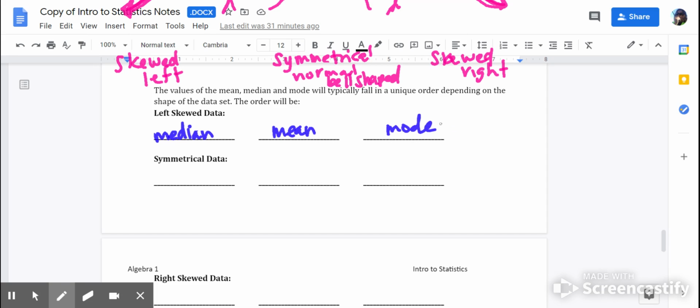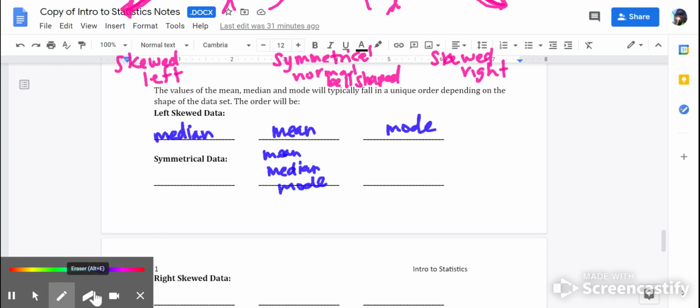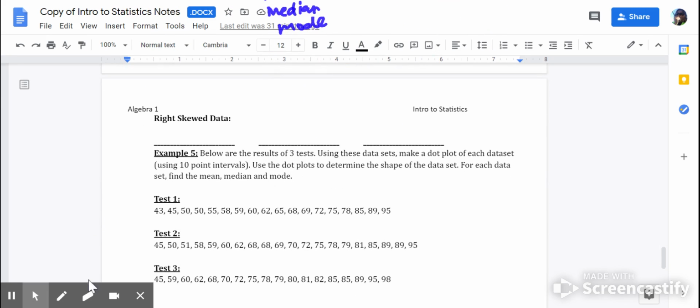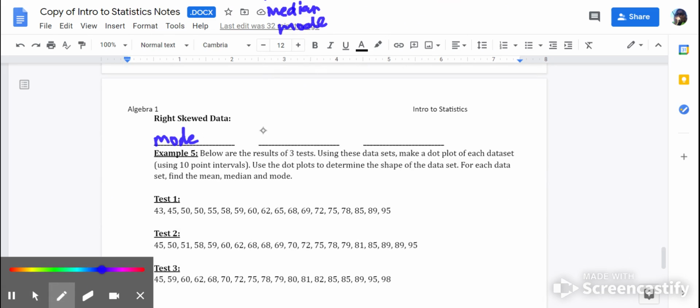If the data is symmetrical, the mean, the median, and the mode should all be the same in the middle of my data. And if it's skewed to the right, then I should see my mode first, what's occurring the most, then the mean, then the median.